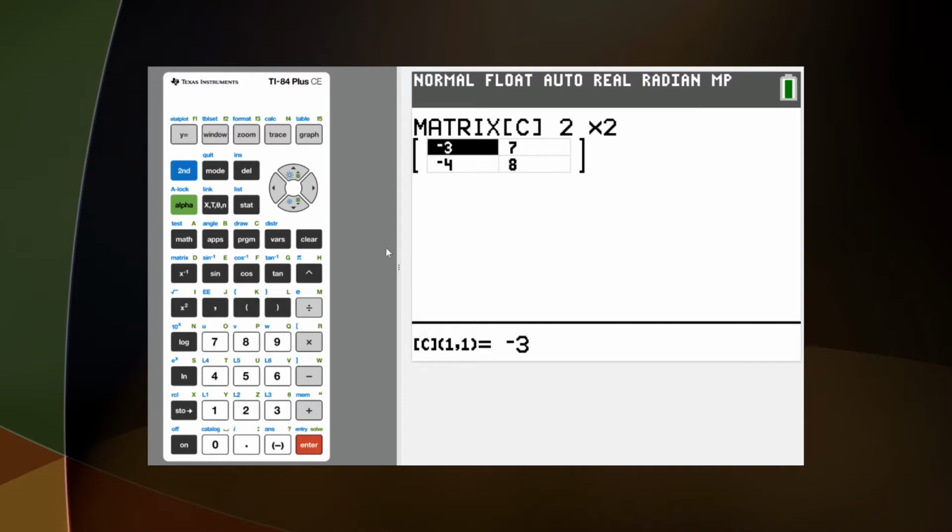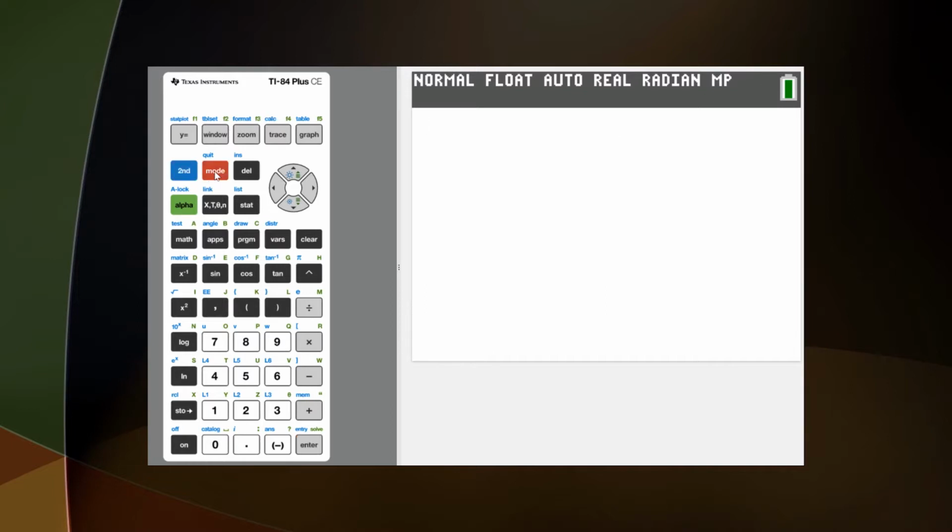All right, so I think I got everything set up. And now we're going to go first. We're going to see if B plus C times A, and then we're going to determine, does that equal BA plus CA? So let's go to our math screen. I'm going to second quit here, take me to the math screen.